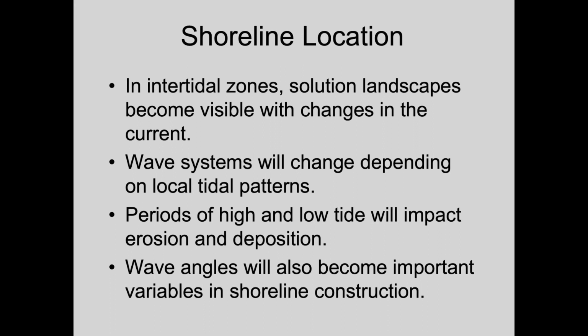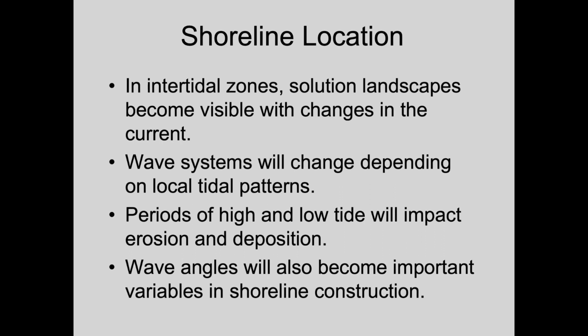Finally, the direction of wave action becomes an important variable when we're taking a look at how a shoreline environment will develop over time. The angle at which a wave or a current system is striking the shore becomes very important as we're trying to understand how that shoreline will develop and ultimately change over time.